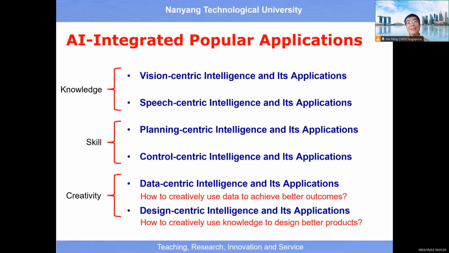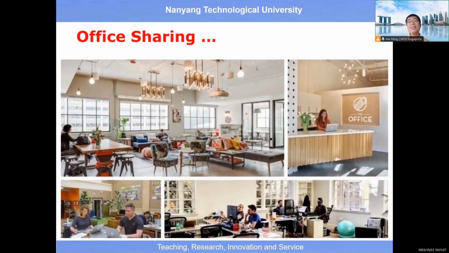From the study of lecture 2, we learned a very interesting concept or business model, which is a sharing scheme, for example, office sharing. With the integration of AI systems, we can make a building implement this business model of office sharing, right?